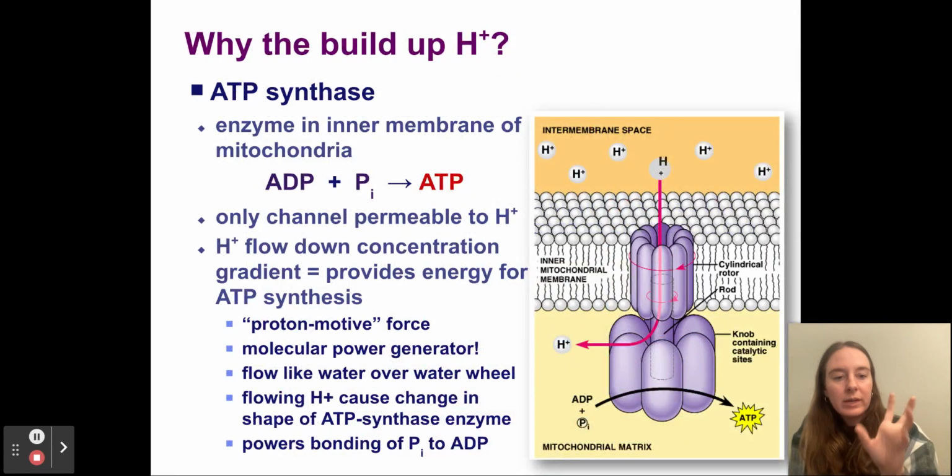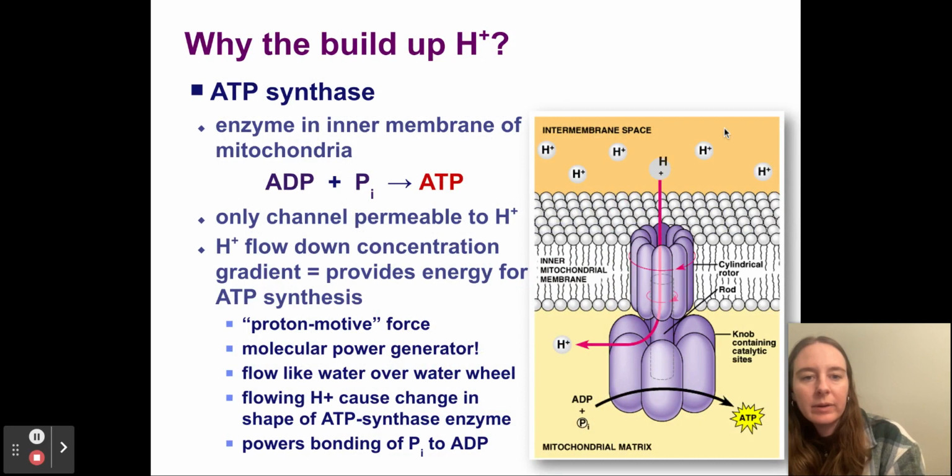Okay, so we talked about this, but just to go over it again, why did we build up all these hydrogen ions in the intermembrane space? Because we have this enzyme, ATP synthase, that allows these hydrogens to pass through.